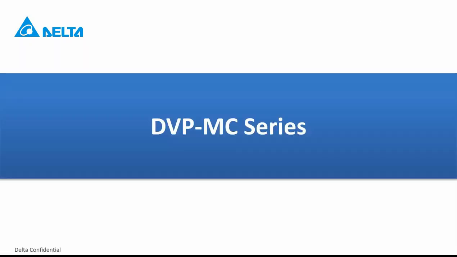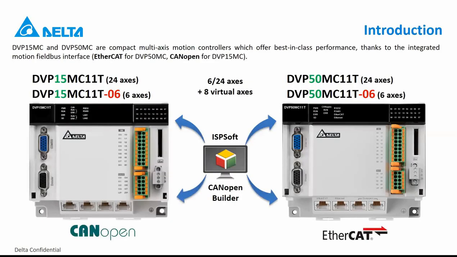Okay, we talked about the portfolio, and now let's have a look at the DVP MC series first. There are two different models, depending on the communication network, CANopen and EtherCAT, and each has different submodels depending on the number of servo axes. So 15MC is 24 axes, dash 06 supports up to 6 axes, and the same for the EtherCAT model.